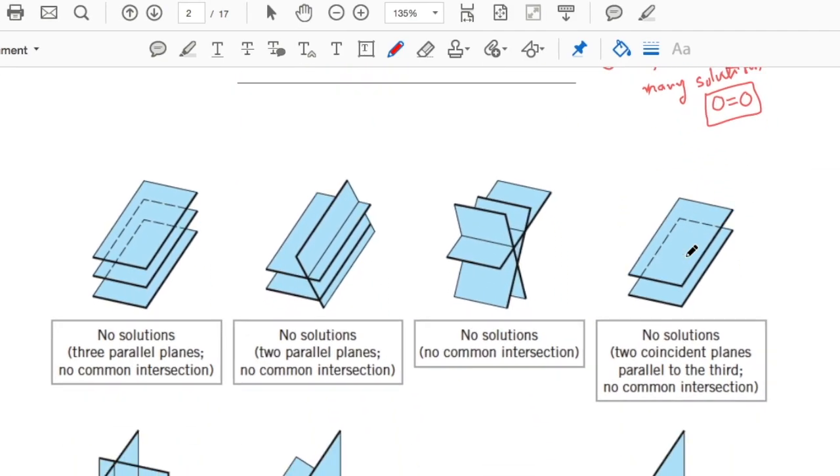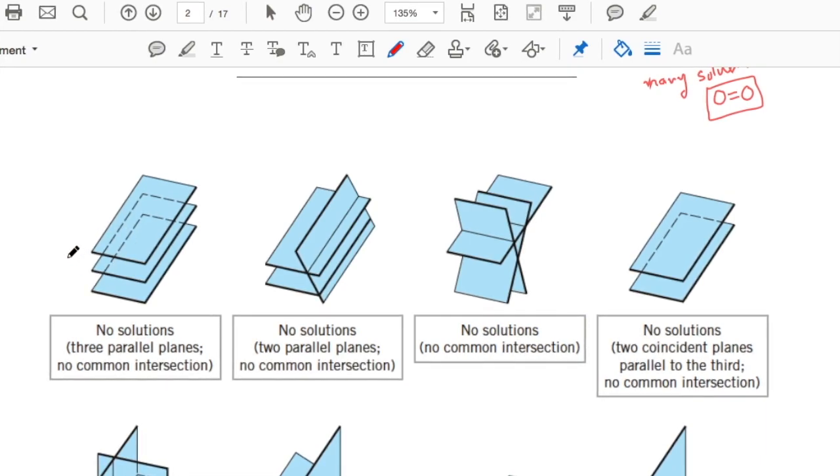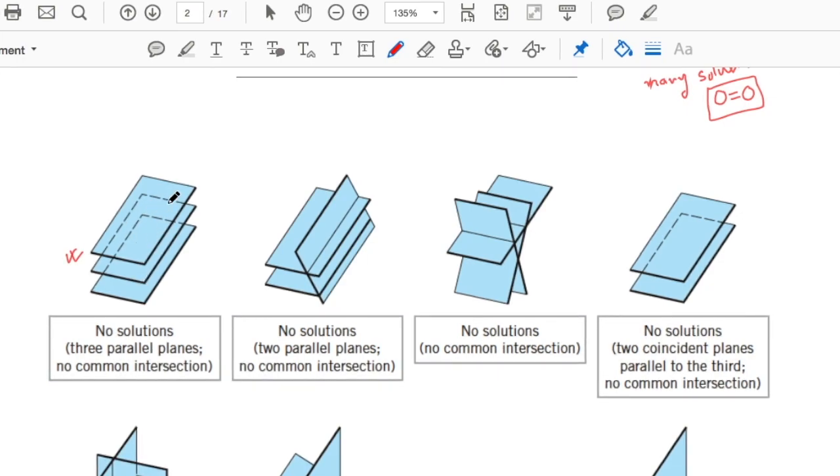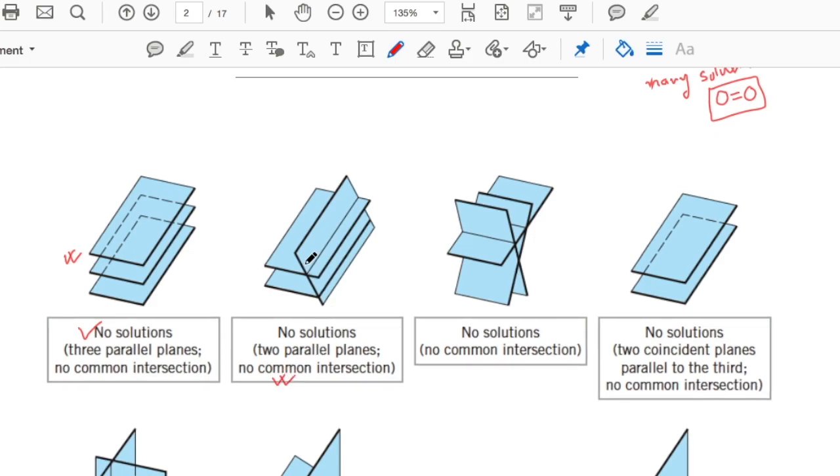So graphically, you see three planes, three equations in three variables. This figure indicates that there is no point of intersection of the three planes, so no solution. In this case, two planes are parallel, but there is no common intersection point, so there is no solution.